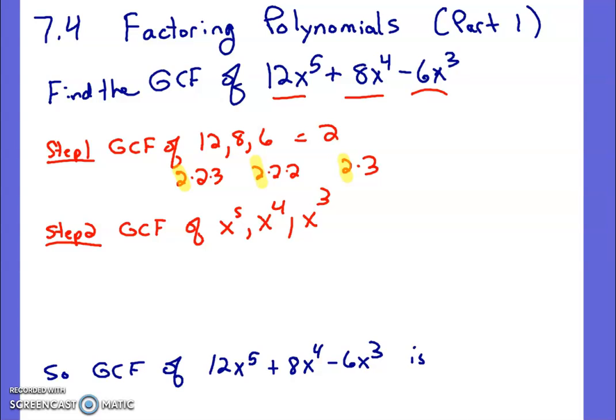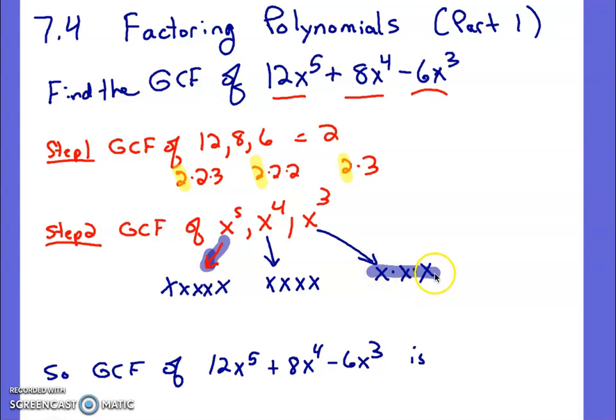Well, notice if you do that same thing with the variables, x to the 5th is x times x times x times x times x, x to the 4th is x times x times x times x, and x cubed is x times x times x. Notice each has at least 3 x's.